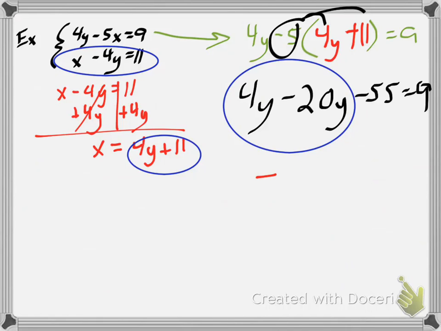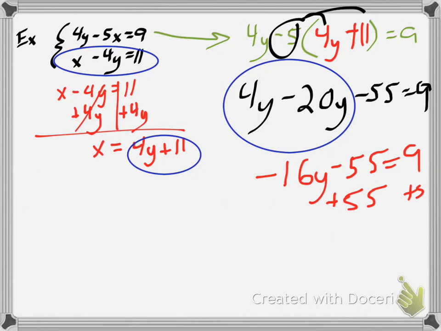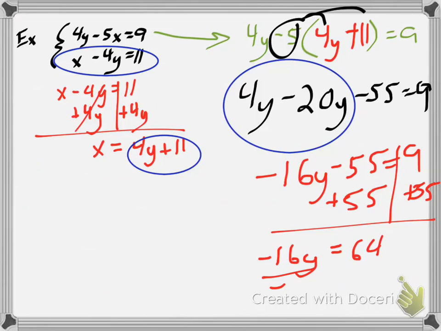So I get negative 16y minus 55 equals 9. Add 55 to both sides. I get negative 16y equals 64. Divide by negative 16 on both sides, and you get y is equal to negative 4.